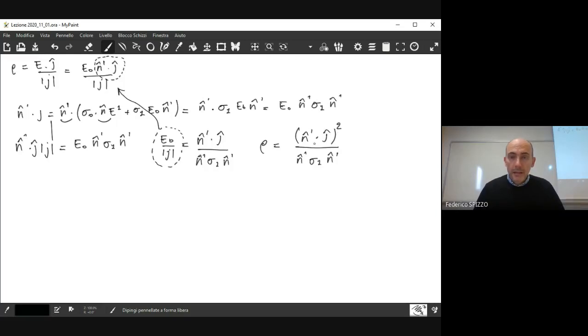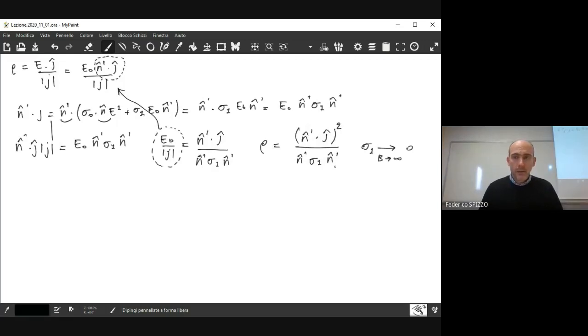What we have at the numerator is just a number that depends on the relative direction between these two versors. So this is just a number and doesn't depend on the magnetic field. At the denominator, we have again two versors, so those versors do not depend on the magnetic field. But what we know is that sigma 1 in the high field limit will go to 0.